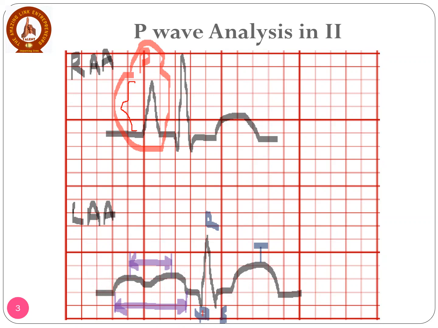Then another scenario we'd like to talk about is biatrial abnormalities in lead 2. Let's consider that situation.